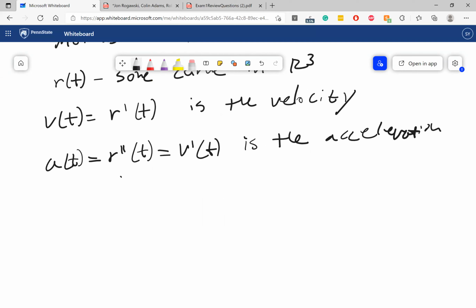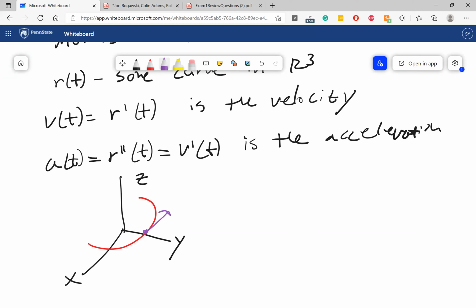So if here's your curve, the velocity would be at any point, it's a vector, and it tells you at that point how quickly, as you vary time, you move along this curve. And that's what velocity is. As you vary time, how quickly do you move along the curve?